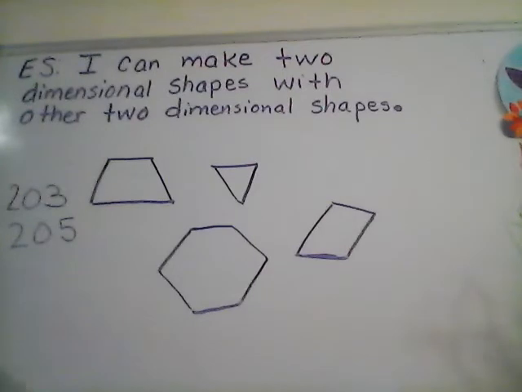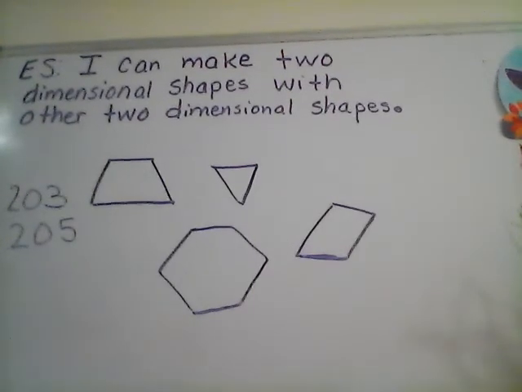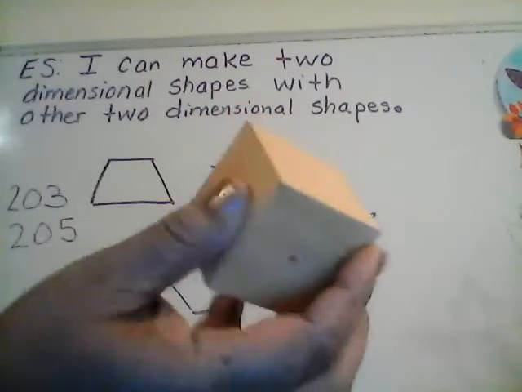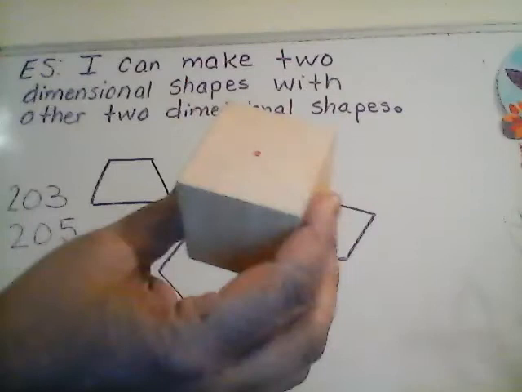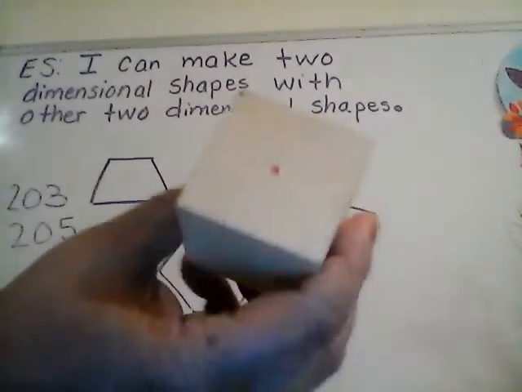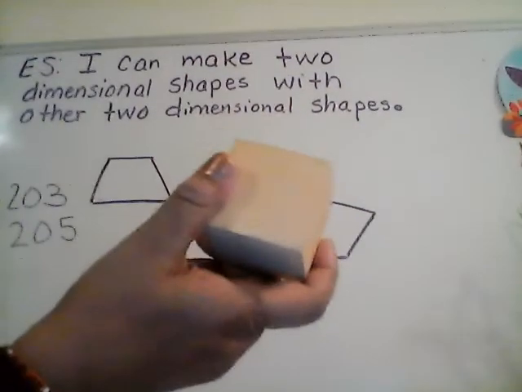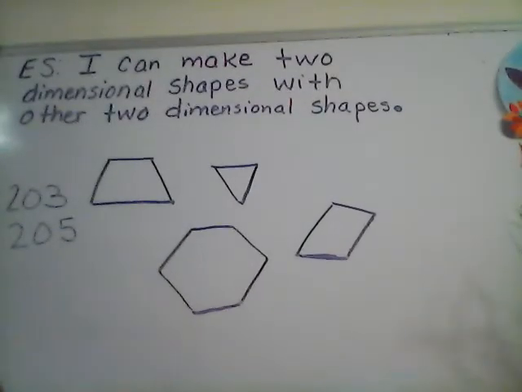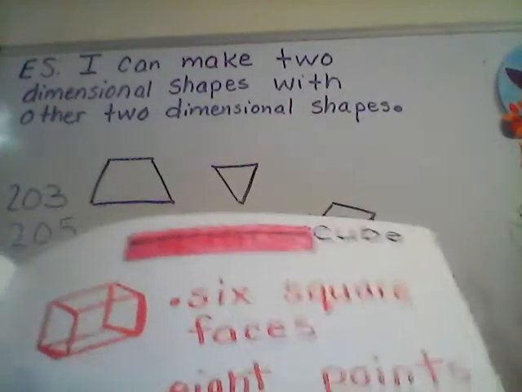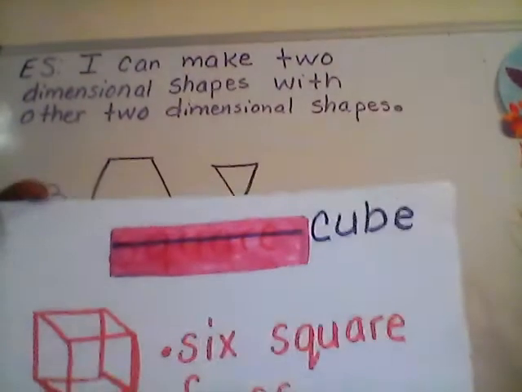So let's talk about the last one. Do you remember what this three-dimensional shape is called? Yes, this is a cube. What are the attributes of a cube? A cube has 6 square faces and 8 points.